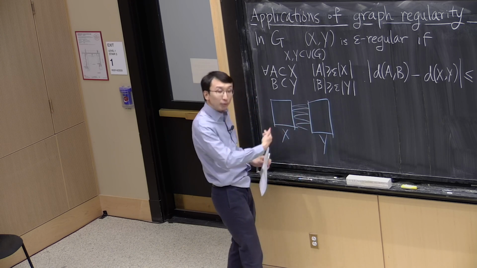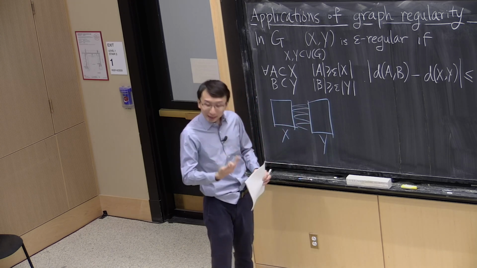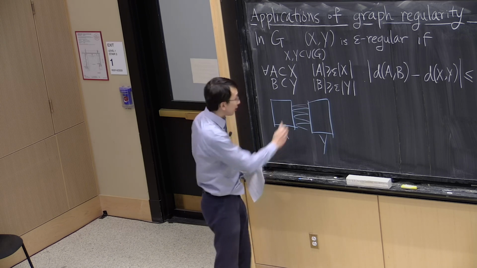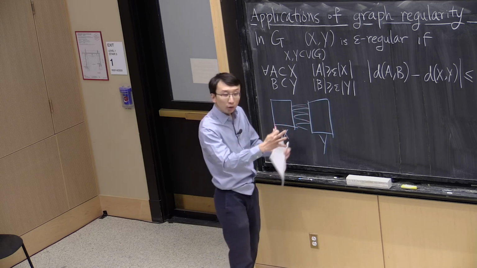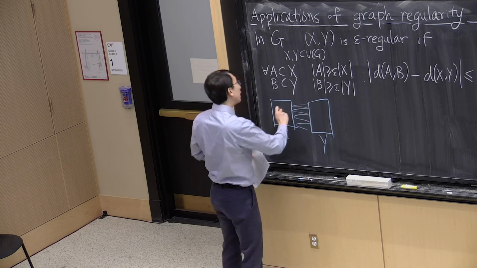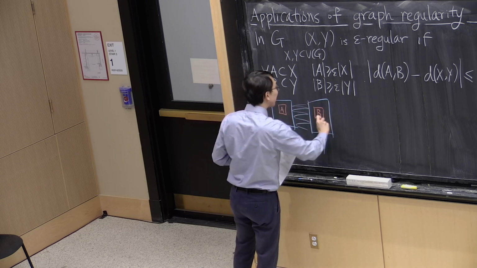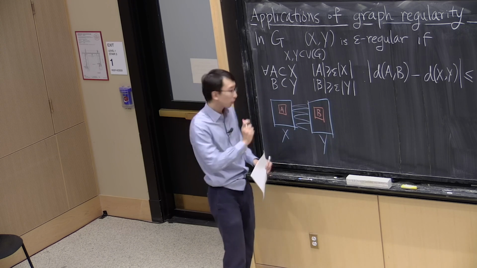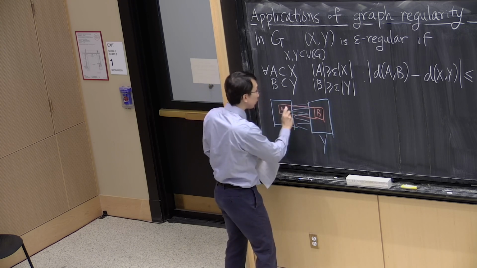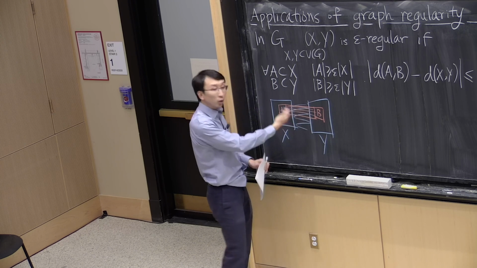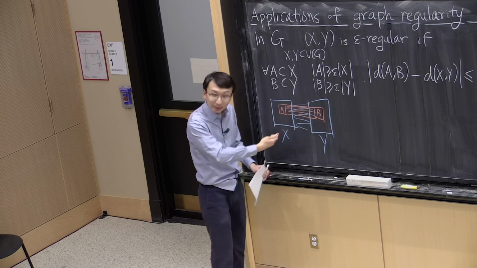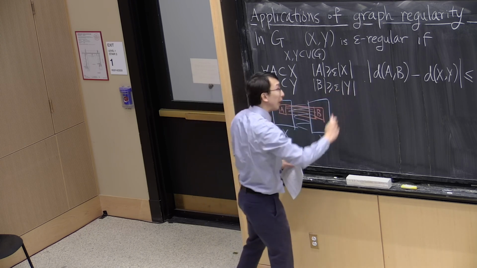And I say they're epsilon regular if they behave random-like in the following sense, that the edges are distributed in a fairly uniform way, so that if I look at some smaller subsets A and B, but not too small, then the edge density between A and B is very similar to the ambient edge density. So by at most epsilon difference.